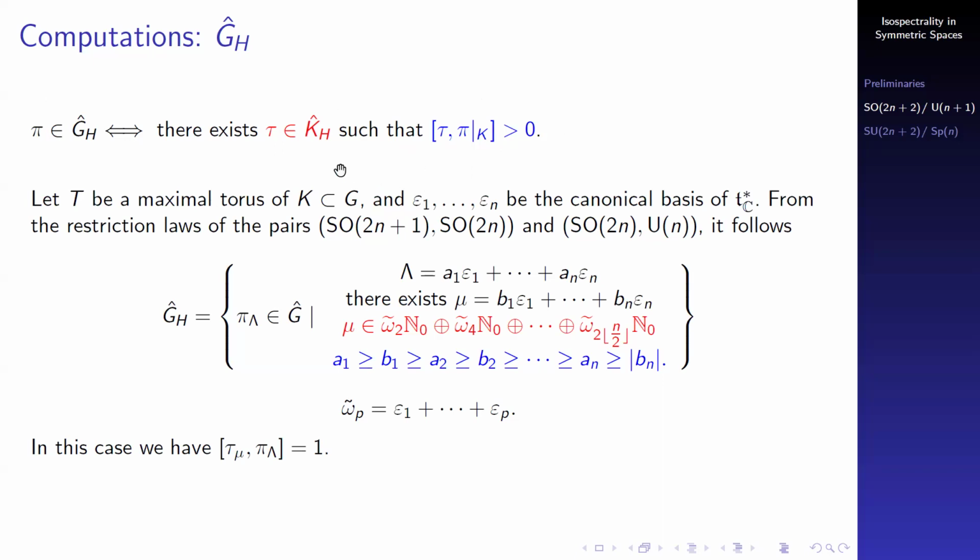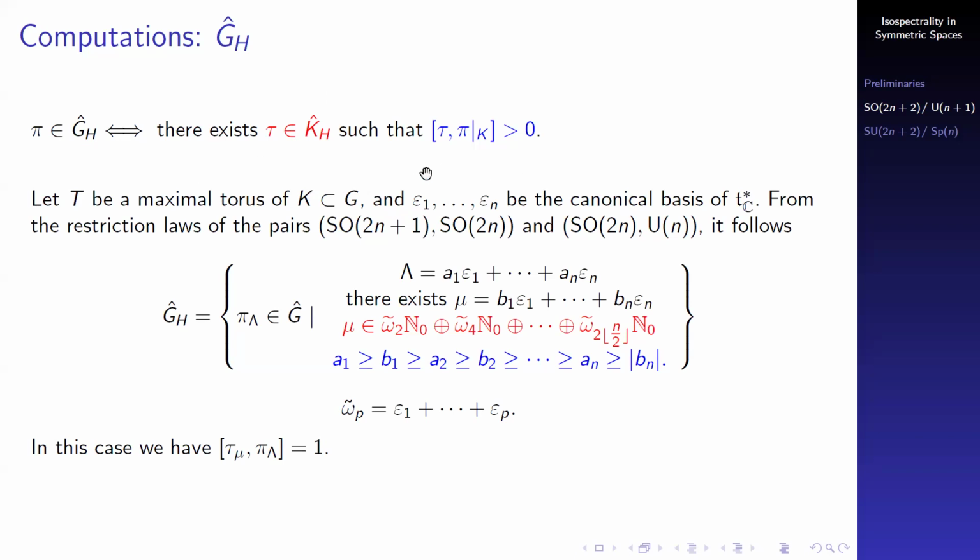And why do we say that? Because the red condition to be a spherical representation in KH is well known, because K is SO(2n) and H is U(N). That's a symmetric pair, and the spherical representations of symmetric pairs are well known.